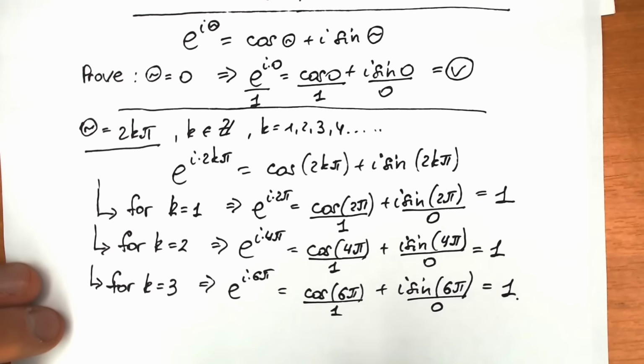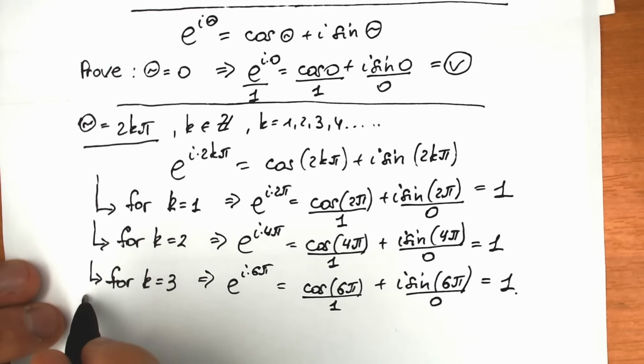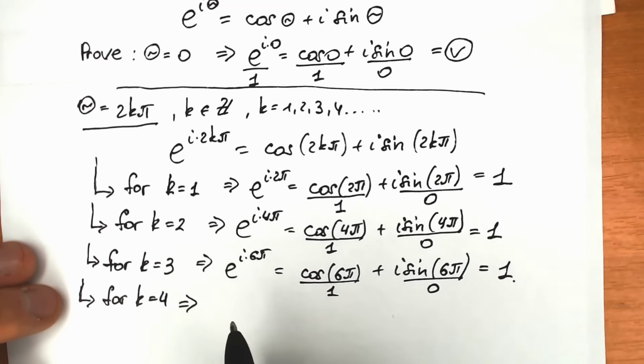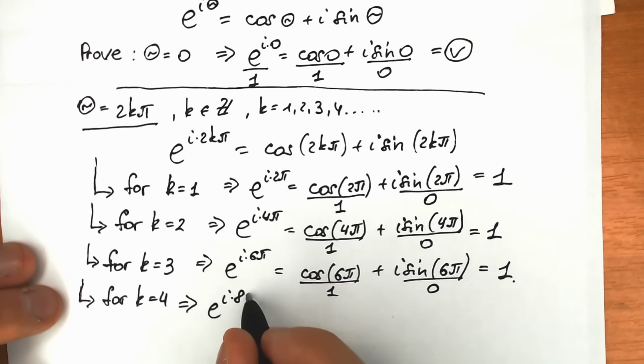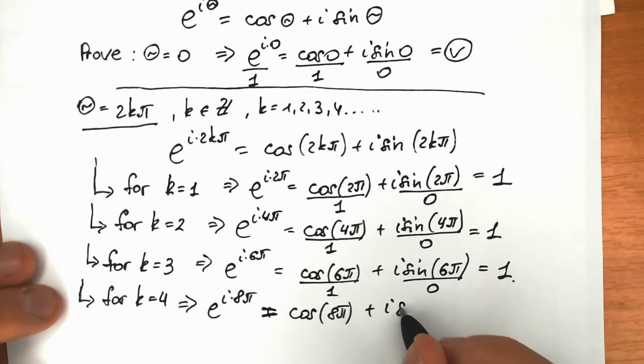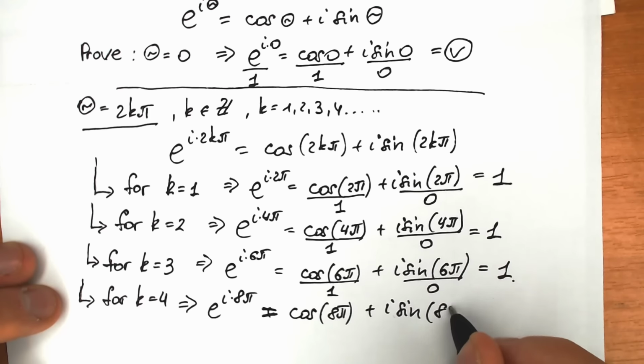And right now, finally, let's look, for example, when k equals 4. This is like a final substitution. What will happen when k equals 4? As a result, we have e to the power i times 8π equal to cosine 8π plus i sine 8π.